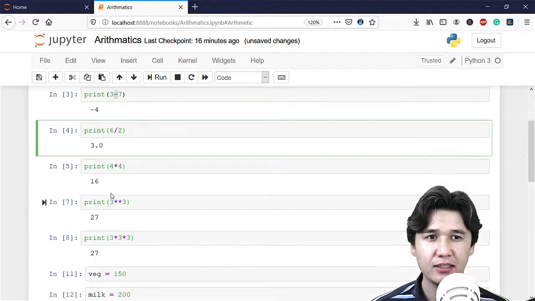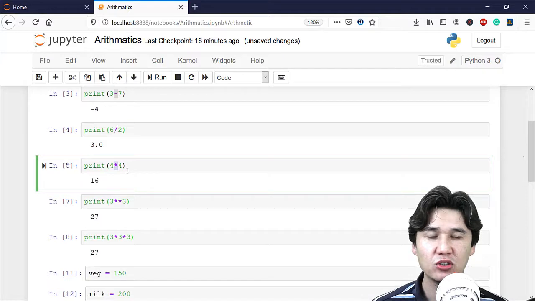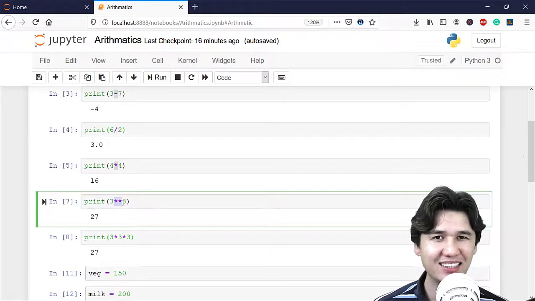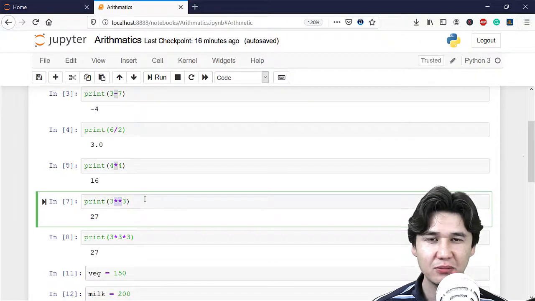Okay, then for multiplication you are going to use star, for square or cube you are going to use power. In similar condition, for power we are going to use the double star sign.